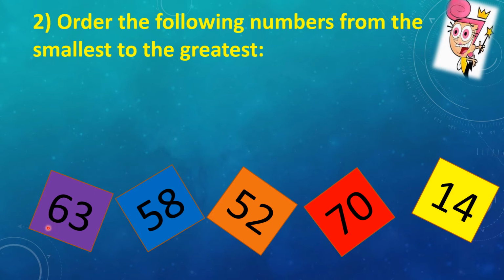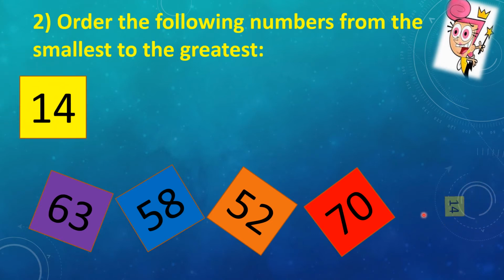So we start from the left. Here we have 6 tens, 5 tens, 5 tens, 7 tens, and 1 ten. Which is the smallest number? 1 is the smallest digit. So we start with 14.